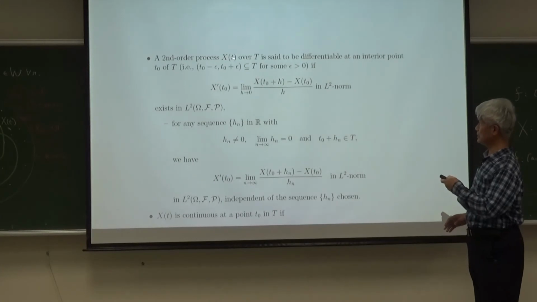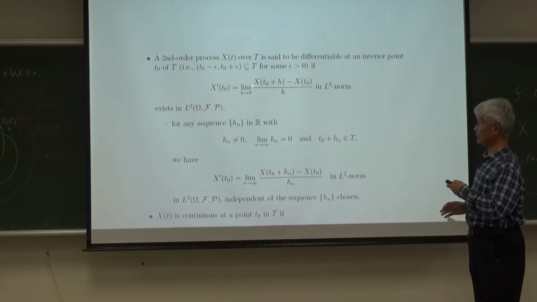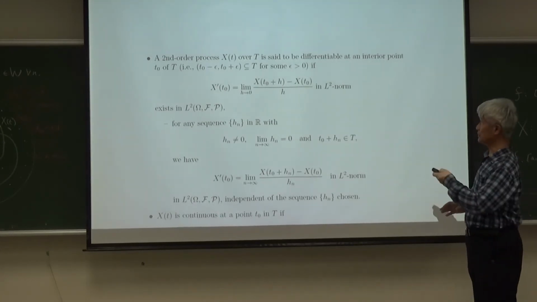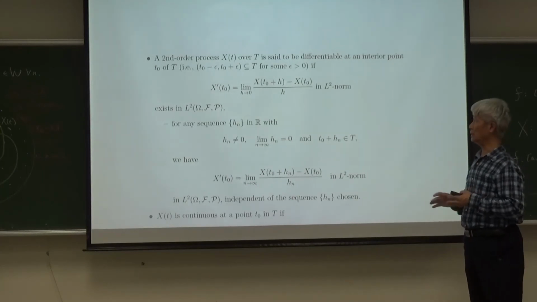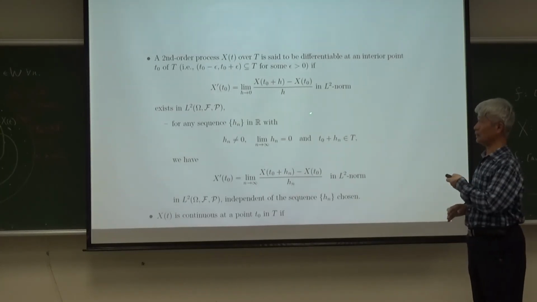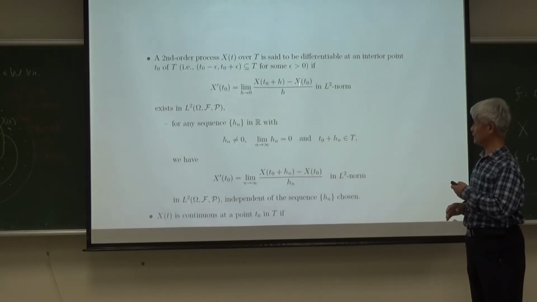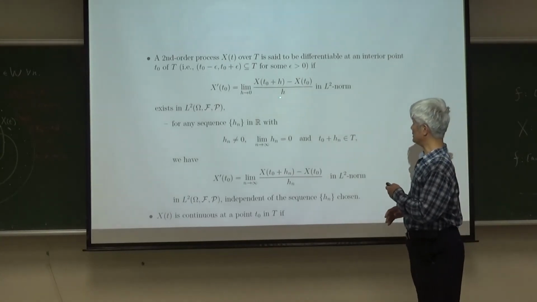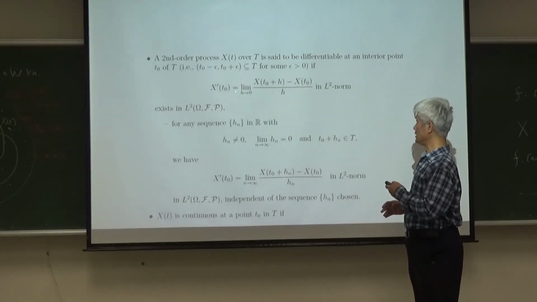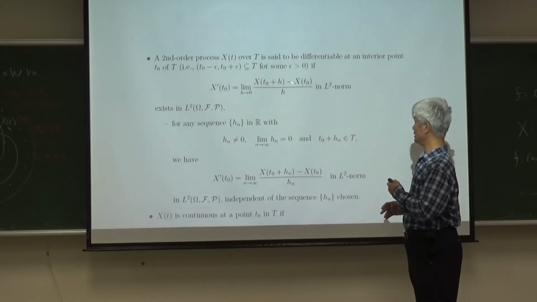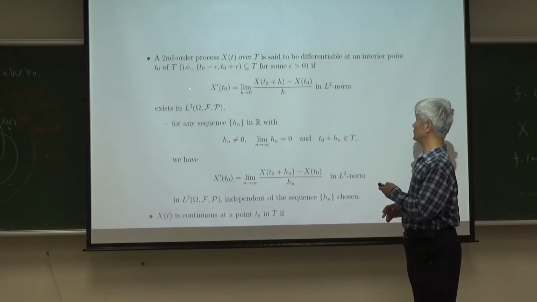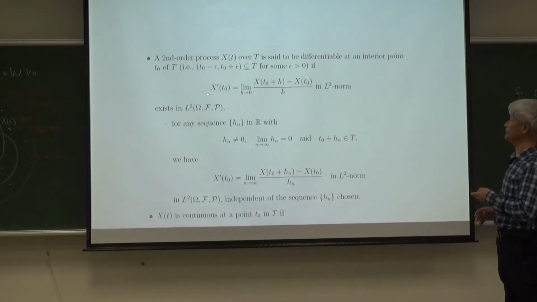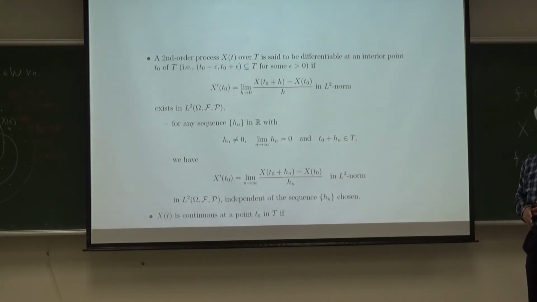We know it's a second order process, so each of them has finite second moment. So it's in L2. And now we have a sequence as h changes. As h goes to 0, this sequence has a limit in the L2 norm, and we call this limit X prime. So X prime is the derivative of x(t) at t equal to t0.